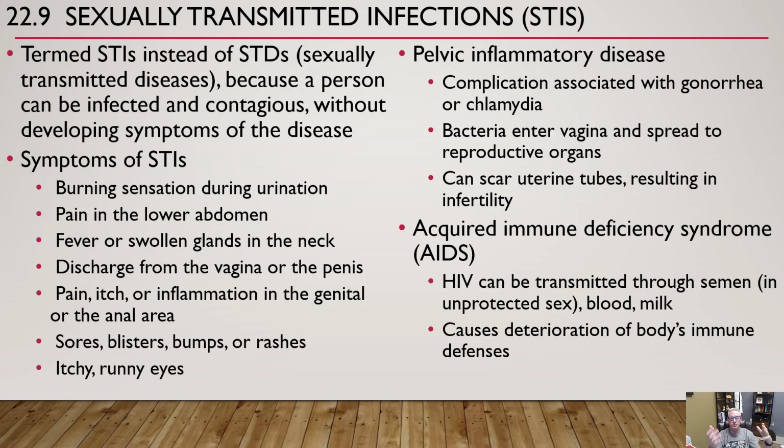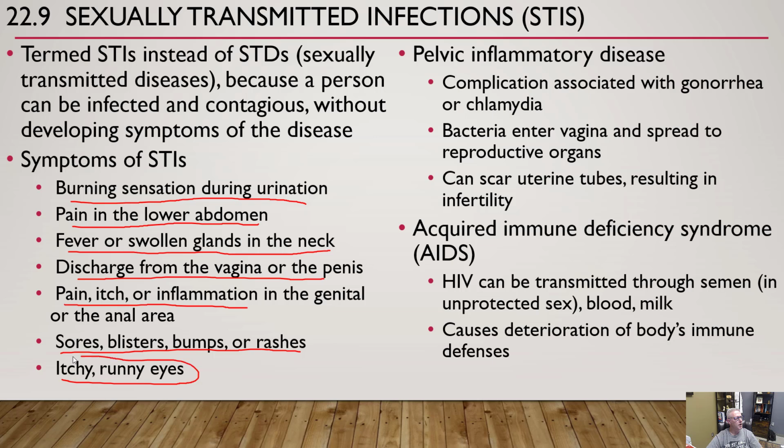So some of the symptoms of an STI, most of these you should know already: a burning sensation during urination, maybe pain in the lower abdomen, a fever, discharge from the penis or vagina, painful itching or inflammation, sores, bumps, blisters, rashes on the genitals, itchy or runny eyes.